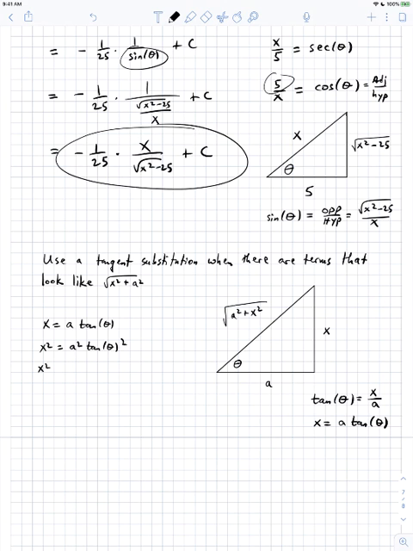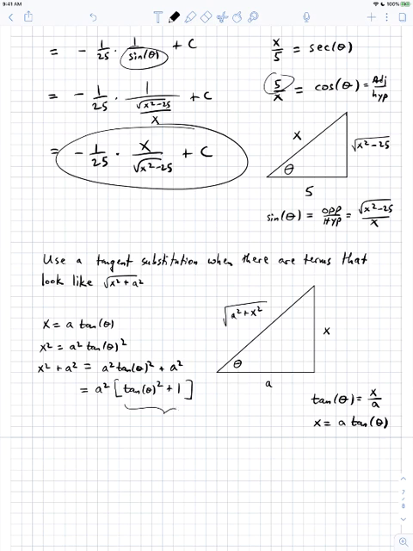So x squared plus a squared is equal to a squared tangent theta squared, plus a squared. And now you can factor out that a squared, and you're left with tangent theta squared plus 1.